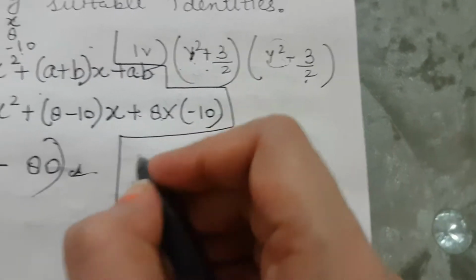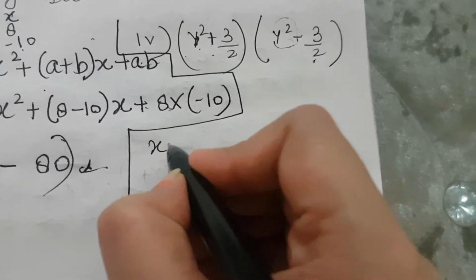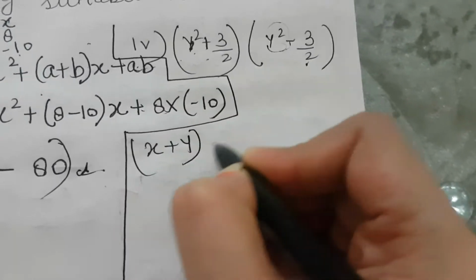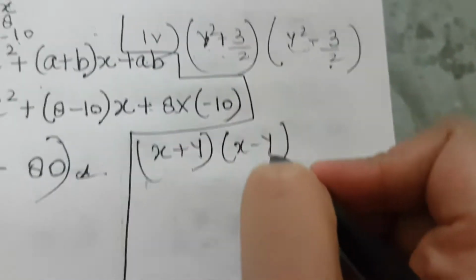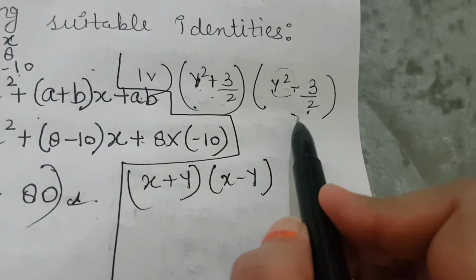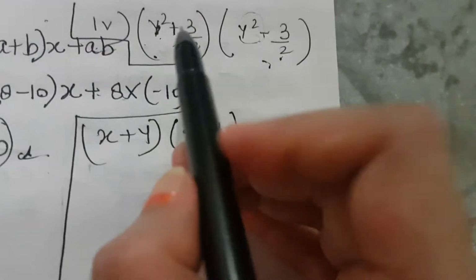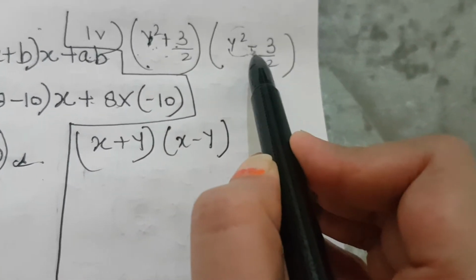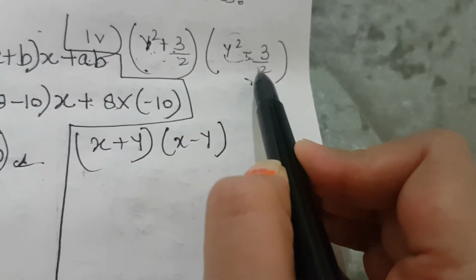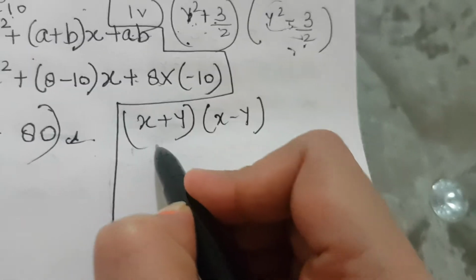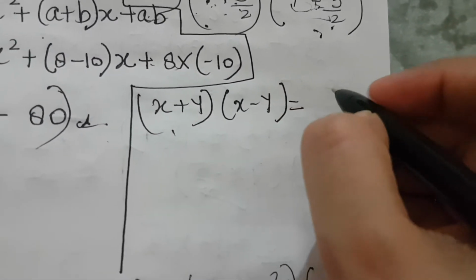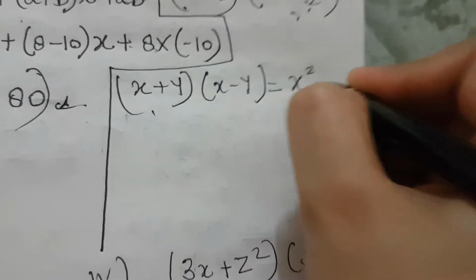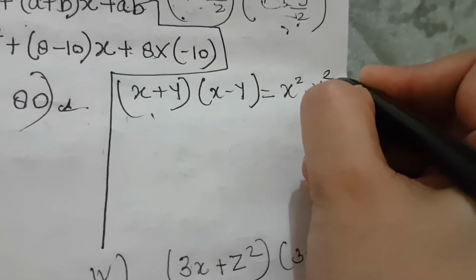So which one? (a plus b)(a minus b), or you can say (x plus y)(x minus y). This identity we will use here because both terms are the same but the signs are different, one positive and one negative. So what was the identity? (x plus y)(x minus y) is equal to x square minus y square.